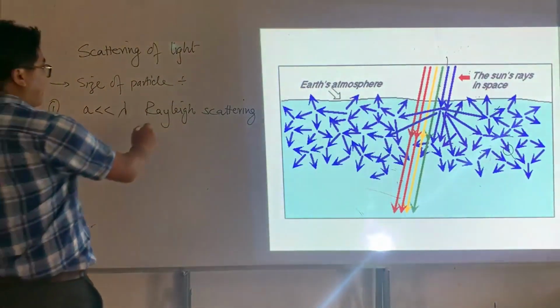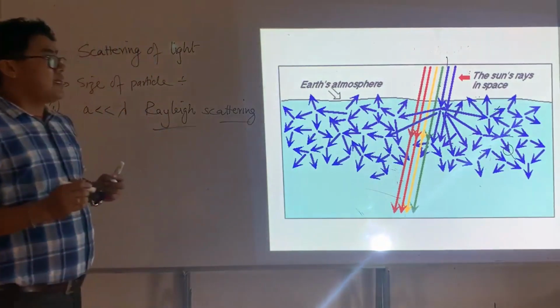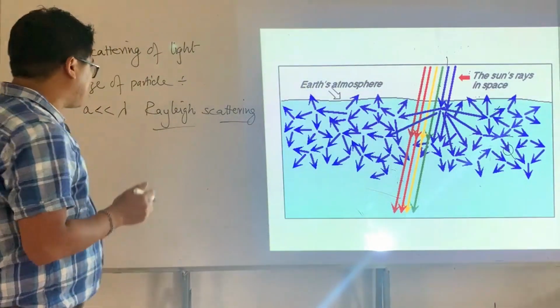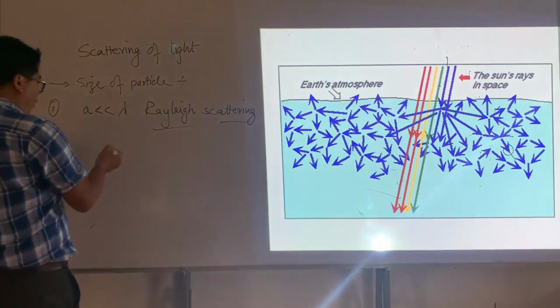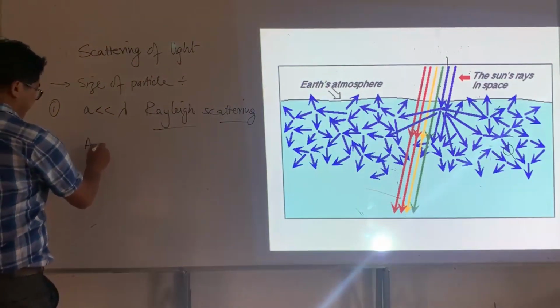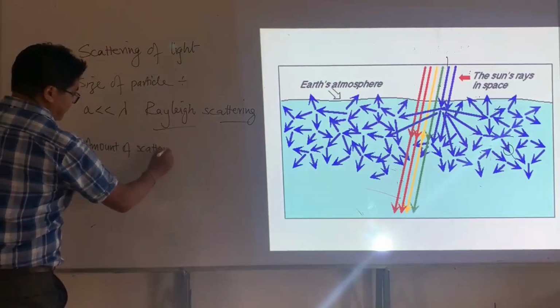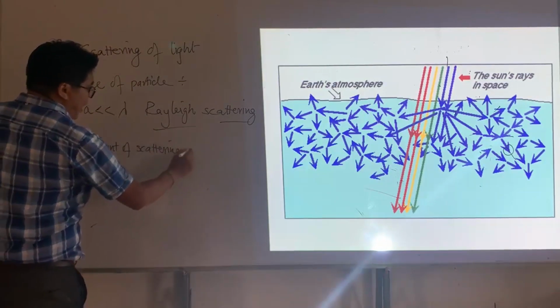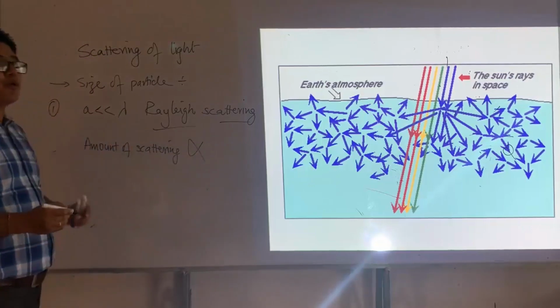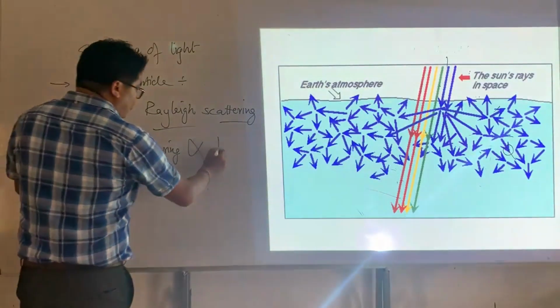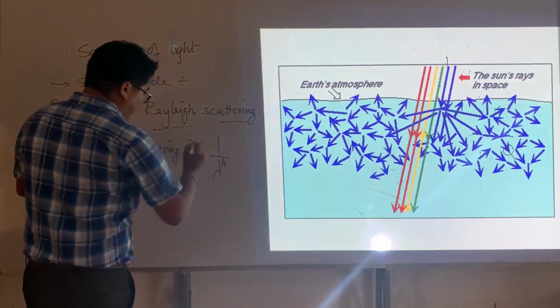So when we talk about Rayleigh scattering, it says that the amount of scattering is inversely proportional to the fourth power of wavelength.